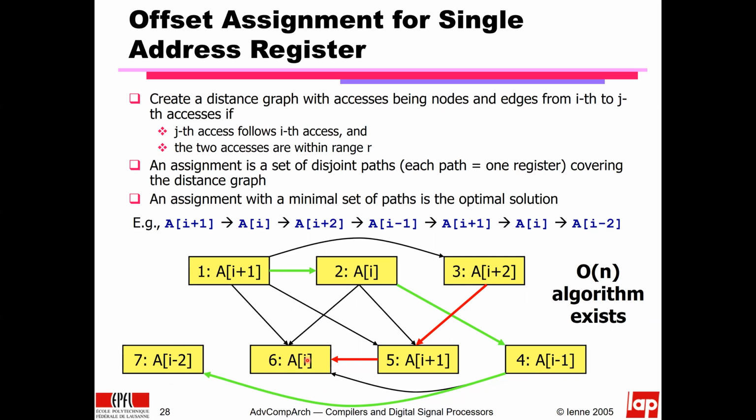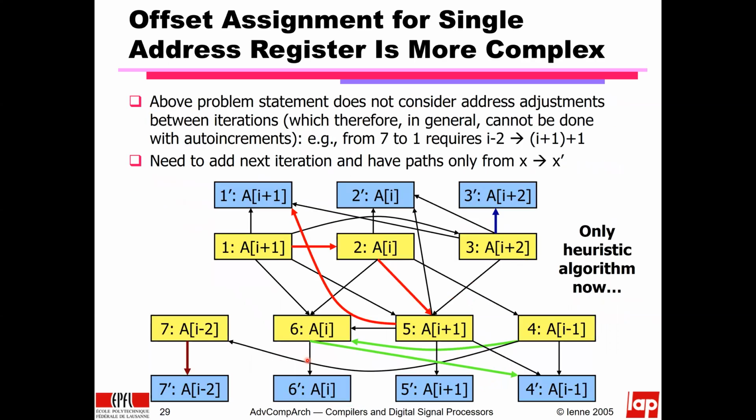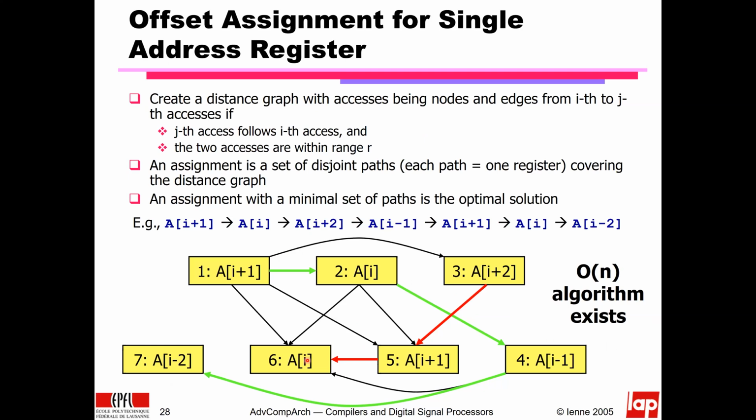Again, this is much simpler than what reality is. The first thing that happens is that whenever you have a situation like this kind of accesses, most likely they are part of the accesses that happen inside a loop, right? This is the body of the loop where you have this sequence, then you increment I, and you do the same thing again.